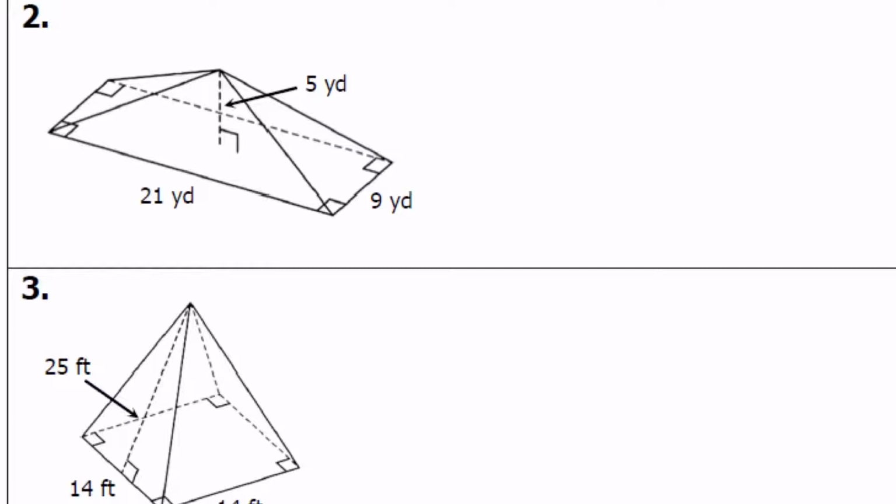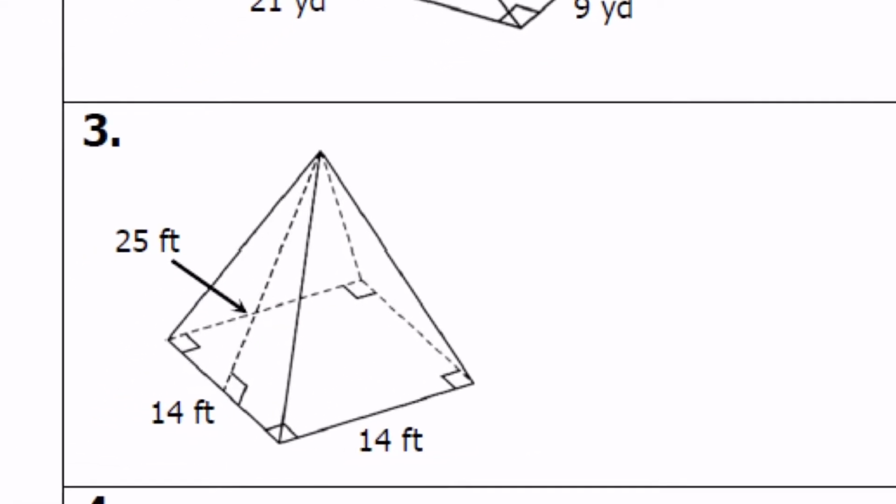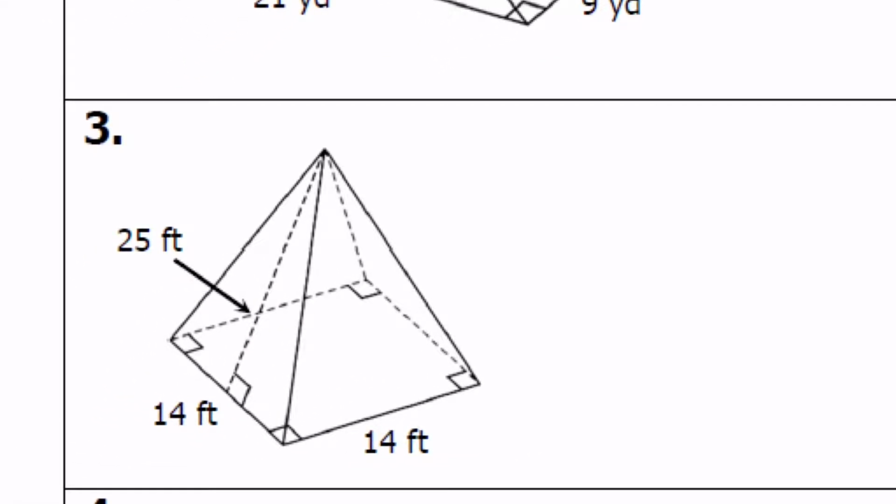So let's look at number 3. Okay, I don't have a height, but I have a slant height. But remember, with pyramids, here's my height, it goes down to the middle. Right?